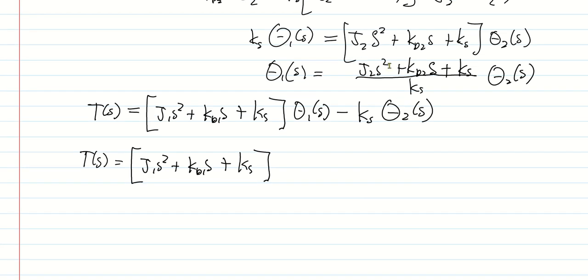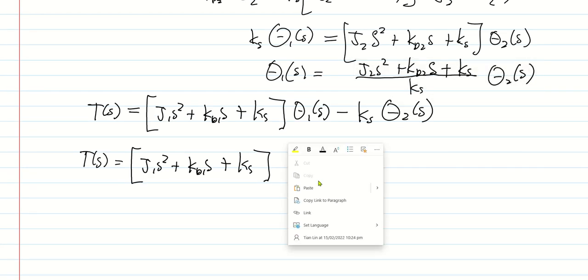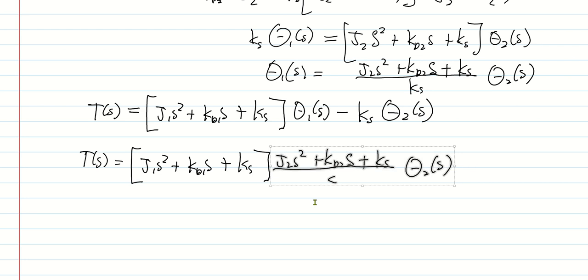Our theta 1 s is this. Copy, then paste. This is Ks. Then we subtract Ks theta 2 s. If you look at the equation now, we only have T and theta 2, because that is what we want. We want output over input.